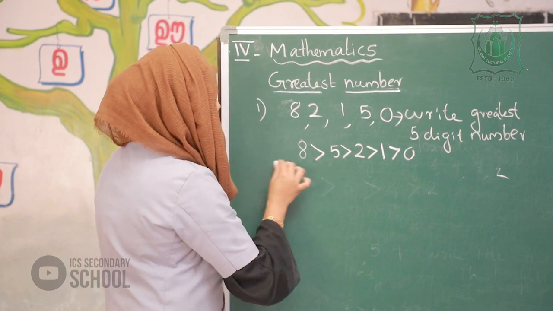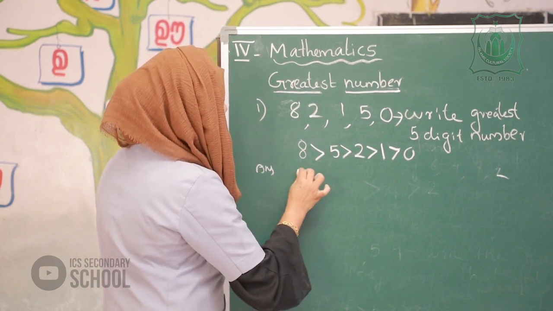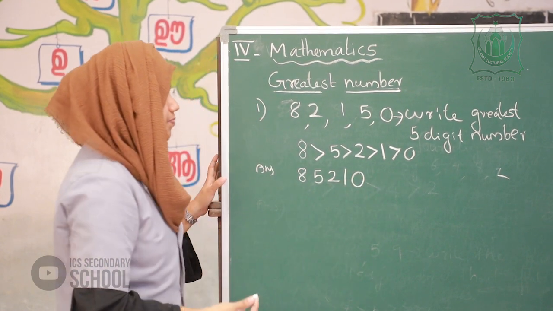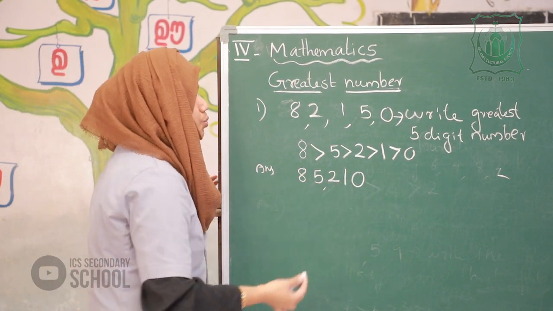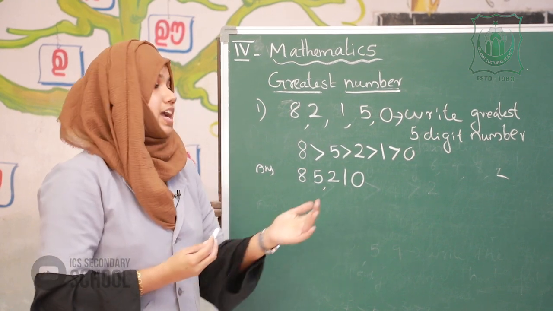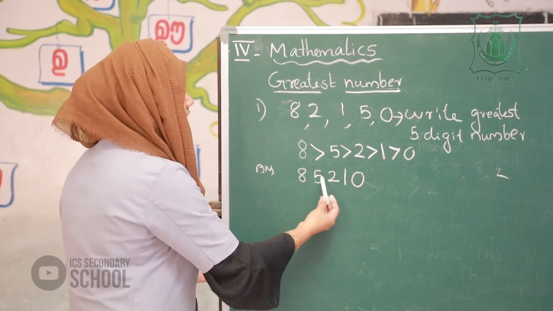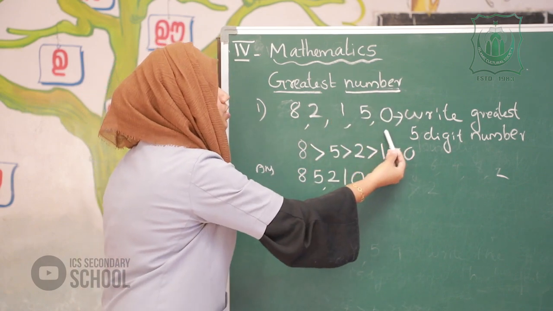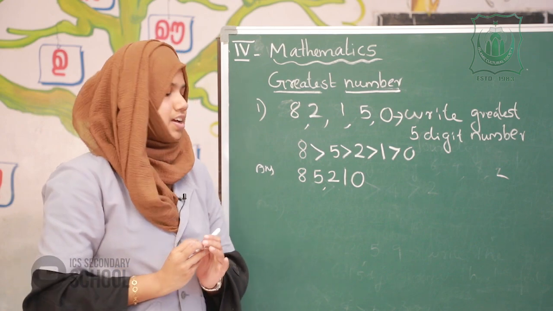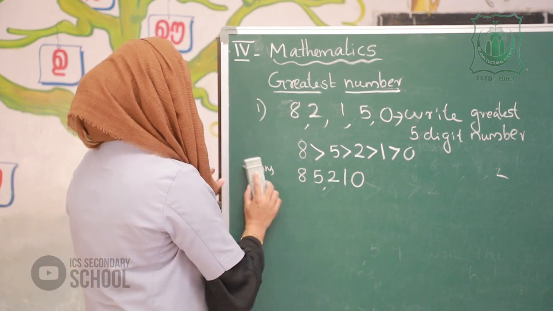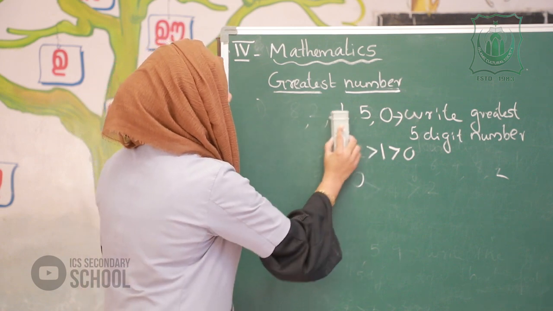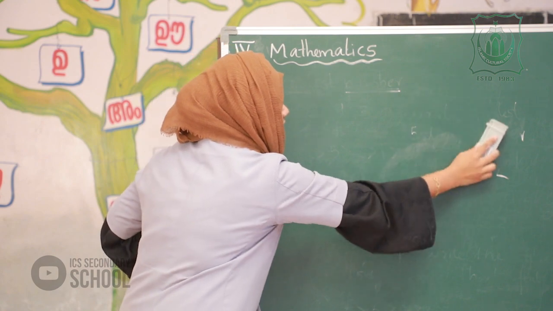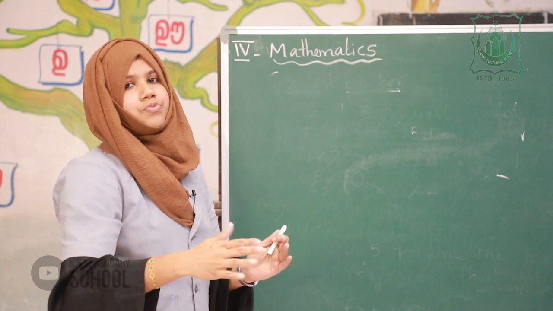So the number will be 85,210. 85,210 is the largest number or greatest number by using these digits. I think you have understood, it is not difficult. Write the greatest digit first, then follow it.